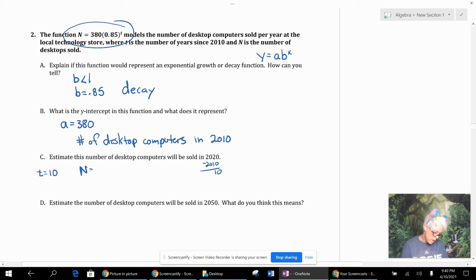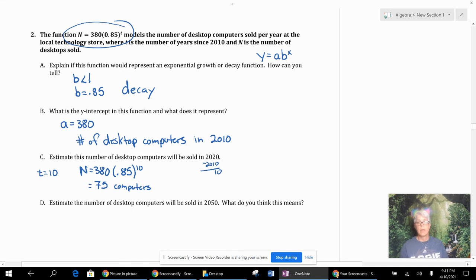N equals 380 times 0.85 to the power of 10. So N equals, let's see, 75 computers. So the number's going down.